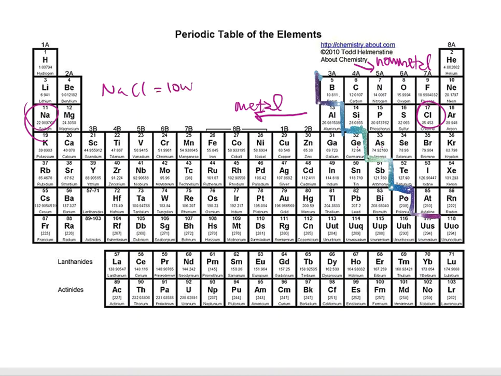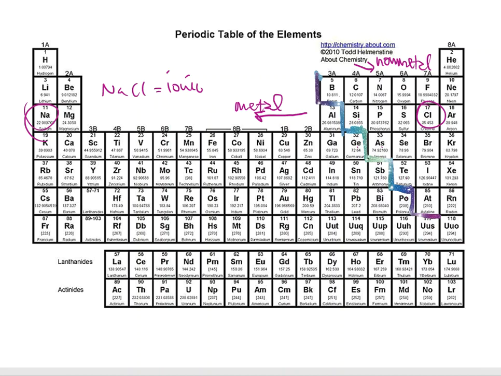So this is an ionic compound. That means that Na and Cl are divorced. It means that Na is a full-blown positive, Cl is a full-blown negative, and those opposites do attract. It does keep the molecule together, but they kind of have a dysfunctional relationship because of that. Okay? NaCl is an ionic bond.